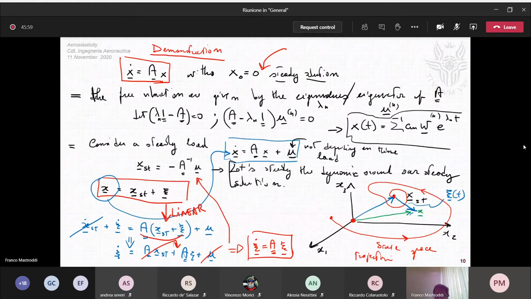For this reason, the angle of attack for linear elasticity does not affect the stability, period. Okay? I feel better.